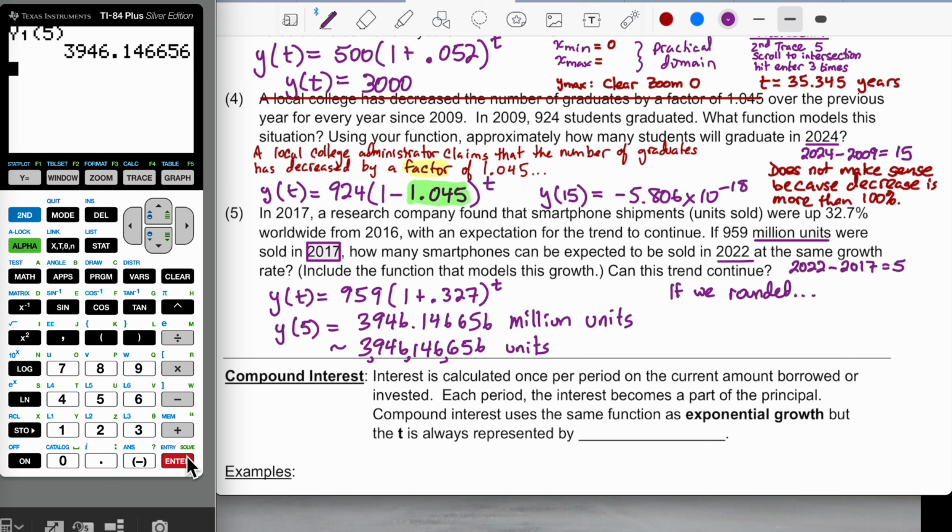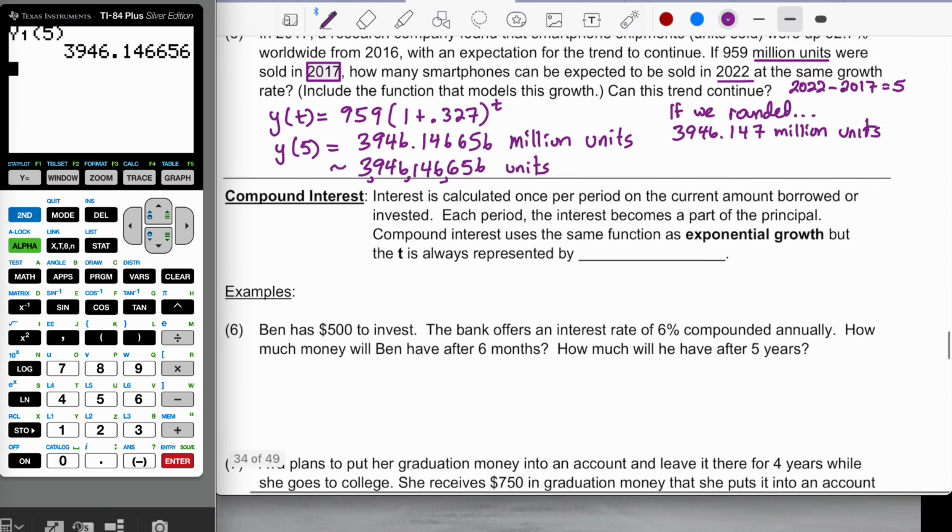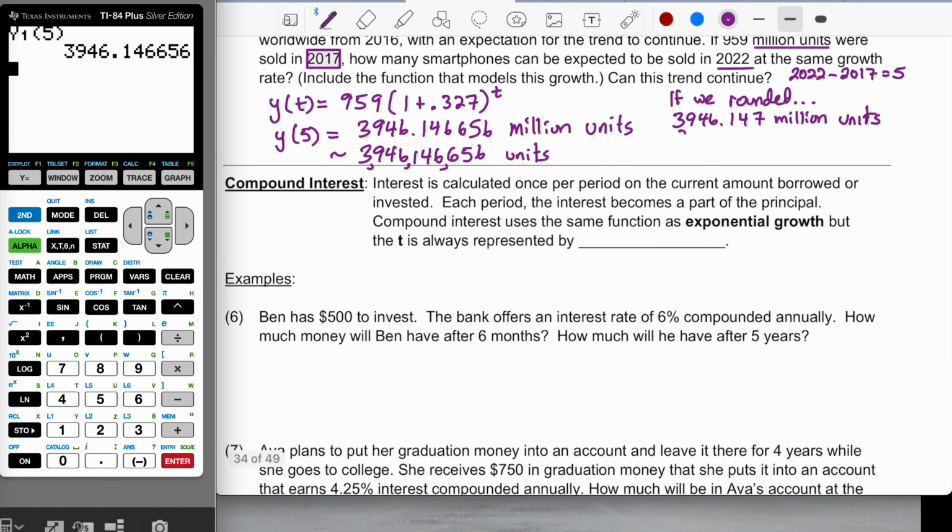All right. If we rounded, let's say we even rounded it to 3 significant digits, 3946.147 million units. That would be 3946147000. 3,947,147,000.